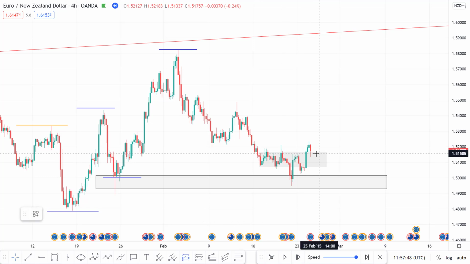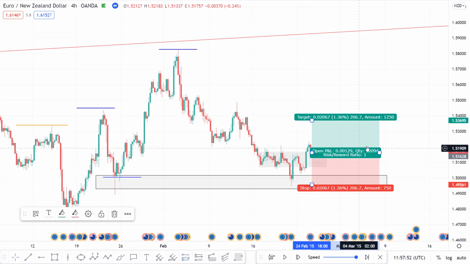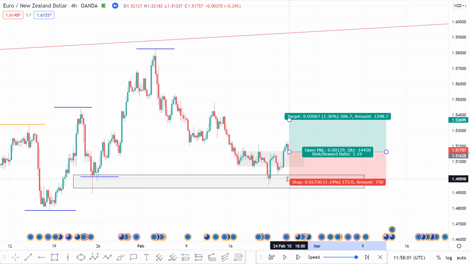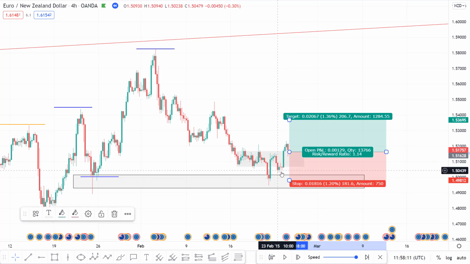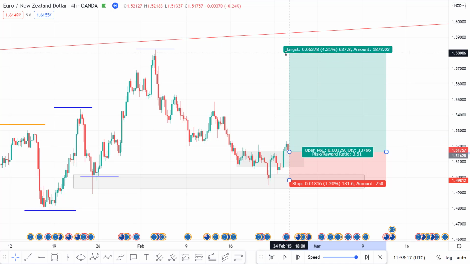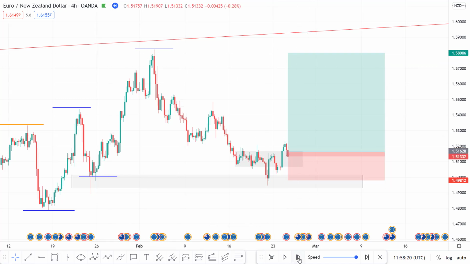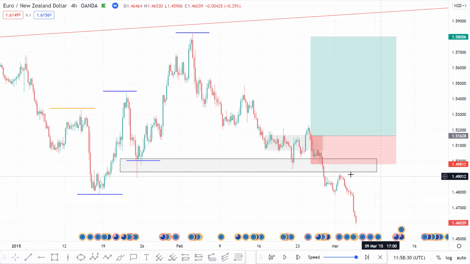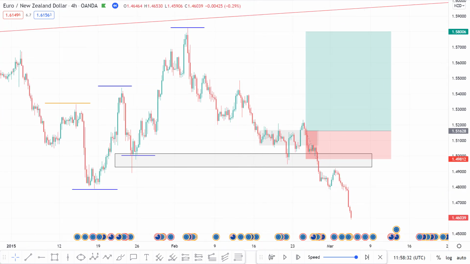So I'm going to set a buy limit order just underneath this candle here. Stop just underneath this low where we had the momentum coming in, and again I'm going to set my target just a break of that swing high. Okay, that's fine, so that's another loss there.